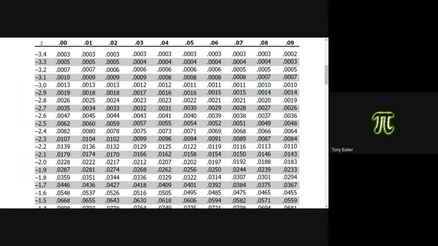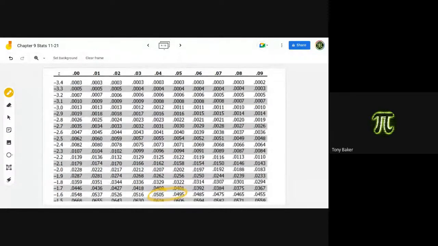I said always err on the side of the smaller, not the bigger. So we're looking at that one right there, which means we're at 1.65. And that's how I get the negative 1.65.